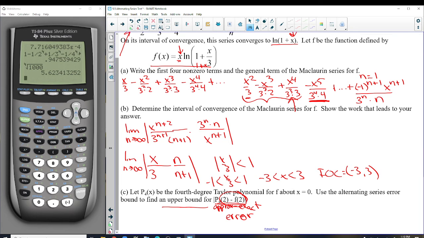So we're going to go, the error is actually less than the absolute value of negative 2 to the fifth over 3 to the fourth times 4. And that is equal to 32 over 81 times 4. So it's 8 over 81 is the highest error we could possibly have for that fourth degree approximation.